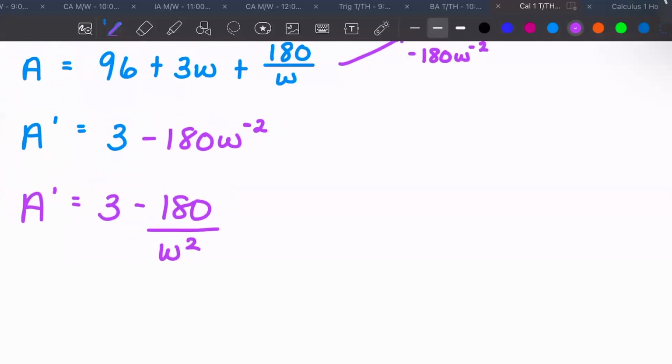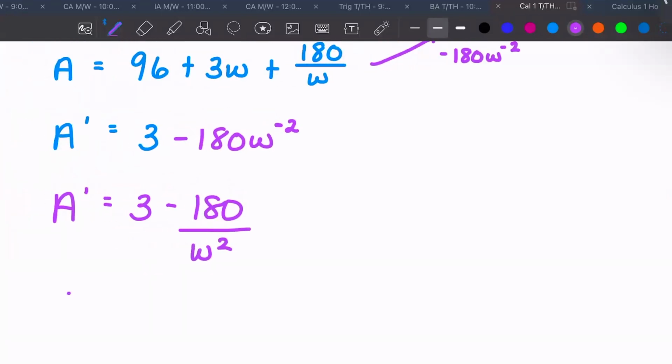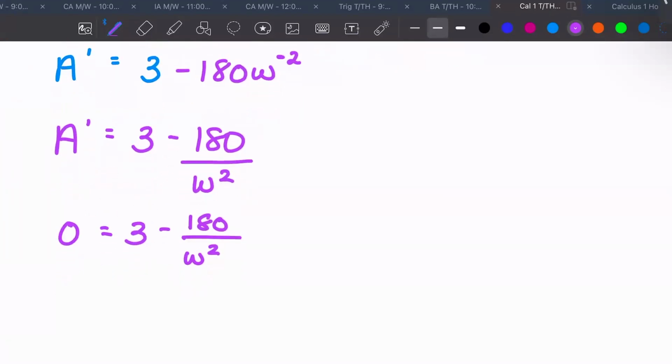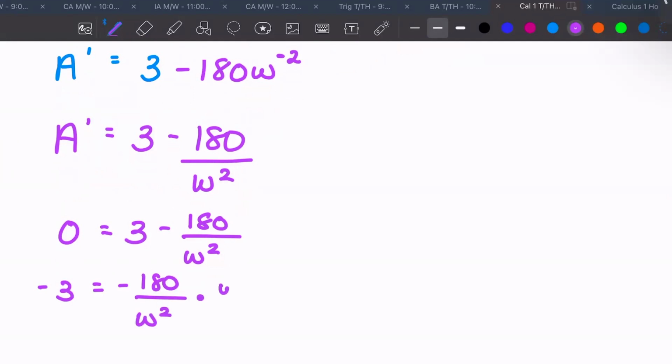Now, I'm going to set my derivative equal to 0. And I'm going to solve, so I'm going to subtract 3. Then I'm going to multiply both sides by W squared.